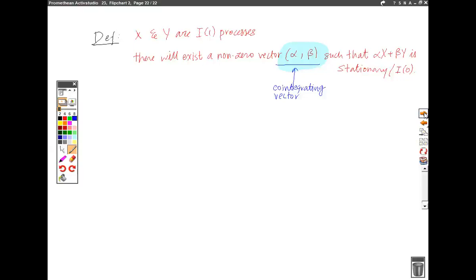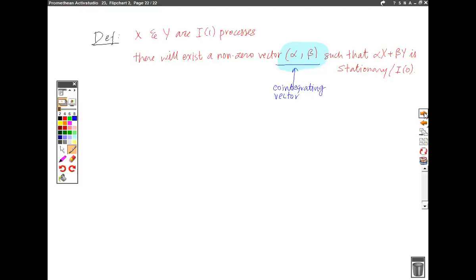So only if you have two processes which are integrated of order 1, and you can write them in a linear combination which gives you a stationary time series, can you conclude that there must be some relationship between these two variables. So if you have to check whether there is some correlation for non-stationary time series, you have to use this method, which employs the fact that these could be co-integrated time series. Let me just walk you through this.